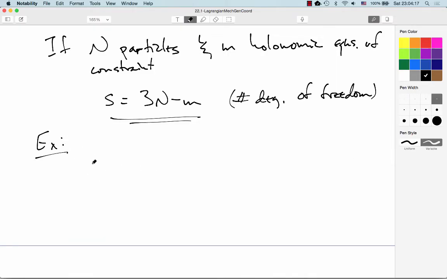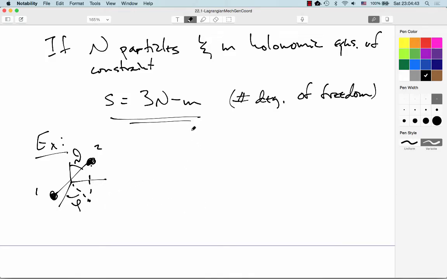Let's take a look at a dumbbell. So we got two particles, particle 1, particle 2. We'll draw in some coordinate axes like so. We'll say this angle here is theta. And we'll say if I project this down that this angle is phi. Okay.